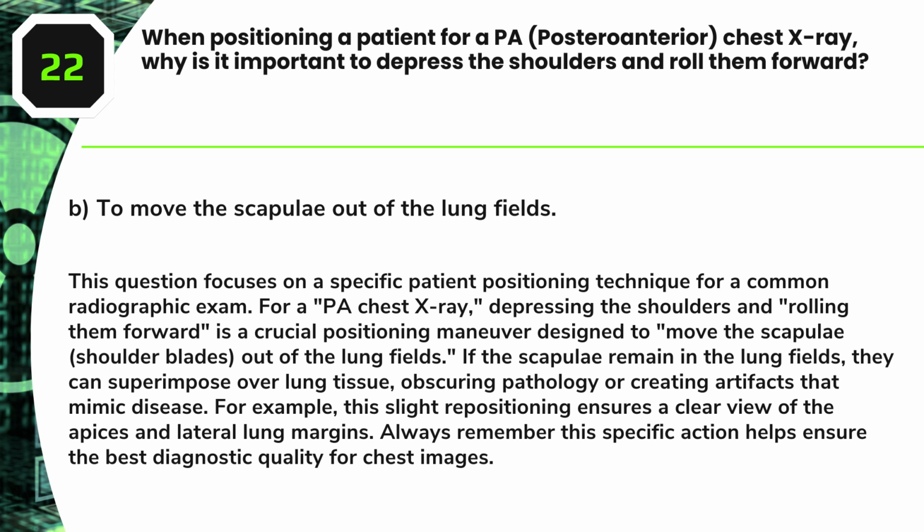If the scapulae remain in the lung fields, they can superimpose over lung tissue, obscuring pathology or creating artifacts that mimic disease. For example, this slight repositioning ensures a clear view of the apices and lateral lung margins. Always remember this specific action helps ensure the best diagnostic quality for chest images.